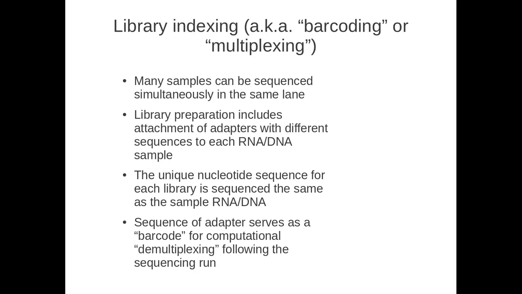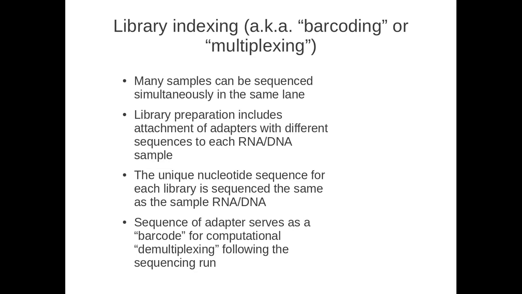So the adapters get sequenced. We prepare each sample separately as its own library, and each sample gets a separate barcode, which then becomes the sequence that allows us to distinguish that sample after the fact.